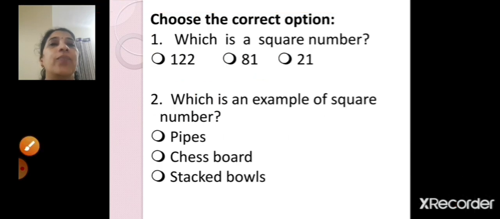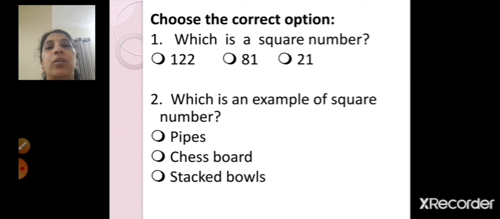Okay. So now we'll see the type of questions that will come for patterns. Now first one, which is a square number? So three options are given, 122, 81 and 21. Now out of these three you have to find out which is a square number. Now tell me, 122, can it be a square number? No, right?